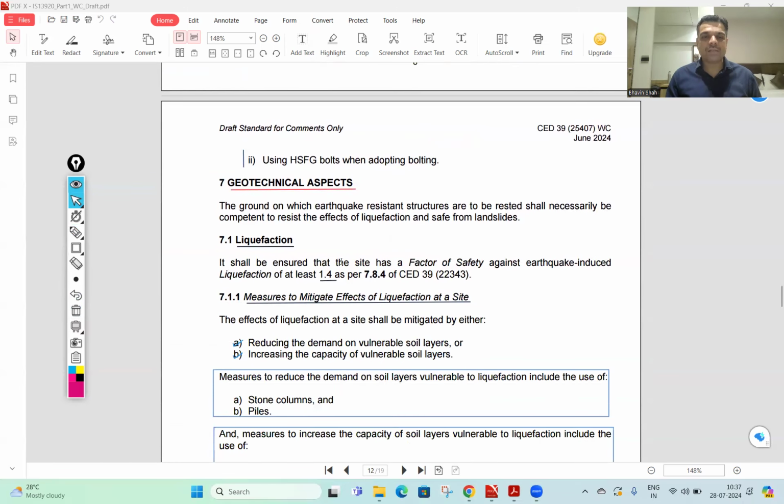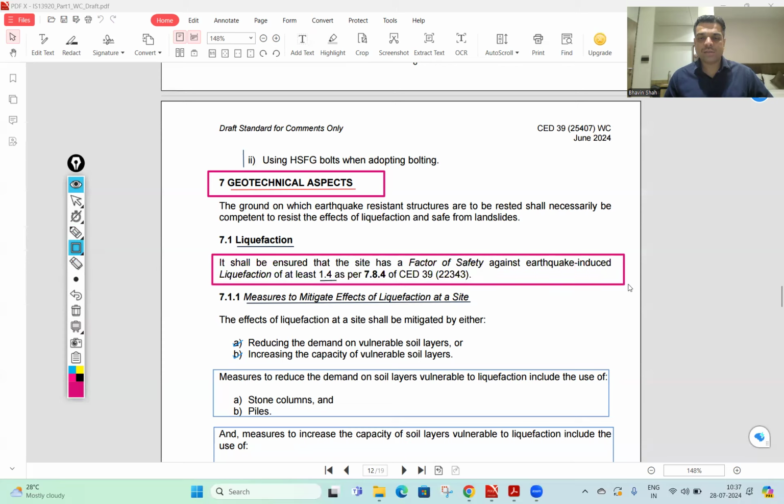Geotechnical aspects are added in this document, and always this is one of the comments on all earthquake resistant design draft documents, that it is better that we place these geotechnical aspects in the relevant geotechnical investigation standards. For example, here the paragraph is written for liquefaction, that it shall be ensured that the site has a factor of safety against earthquake induced liquefaction of at least 1.4.